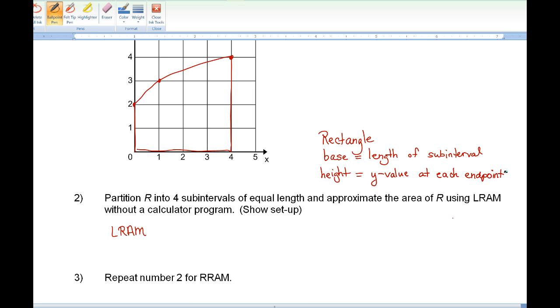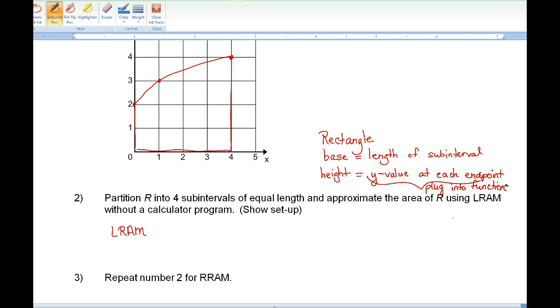Now, if we're using left endpoint, we're plugging in the left endpoint. If we're using right hand approximation, we're going to plug in the right endpoint. Just a quick reminder: for the height, we're plugging into the function to figure out where it reaches.